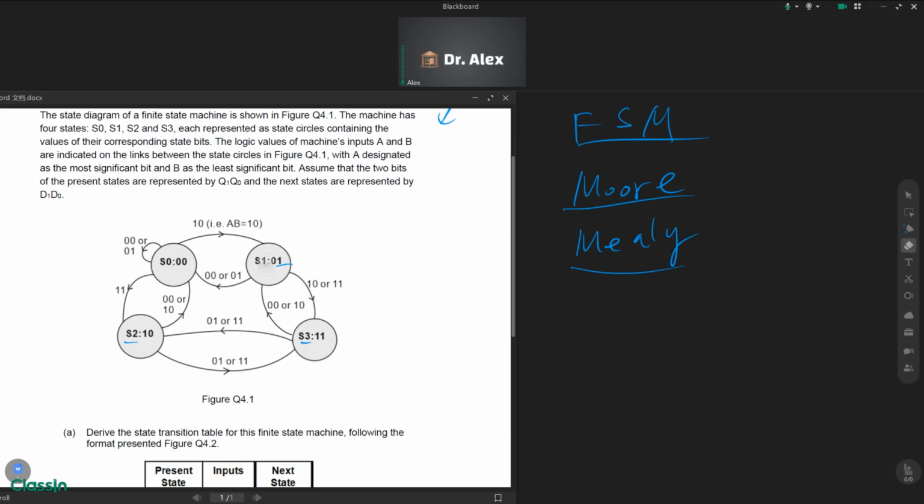Okay, type Moore. All right. So let's first clarify the type of the question for the finite state machine. And in most cases, the Mealy type of state machine has fewer states than the Moore state machine. All right. So let's go back to the question.